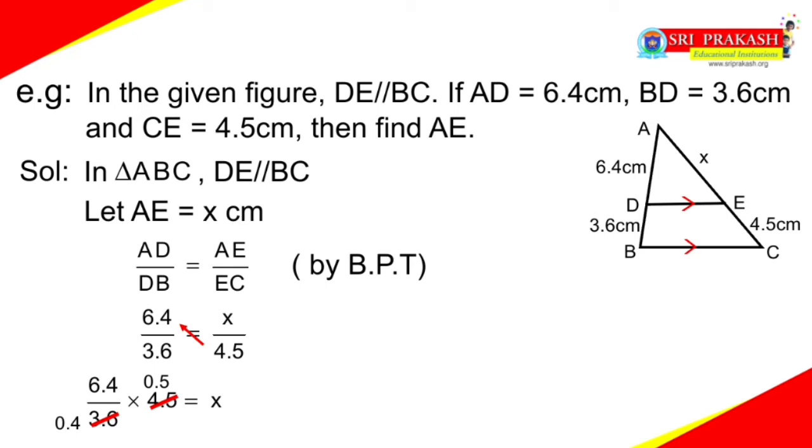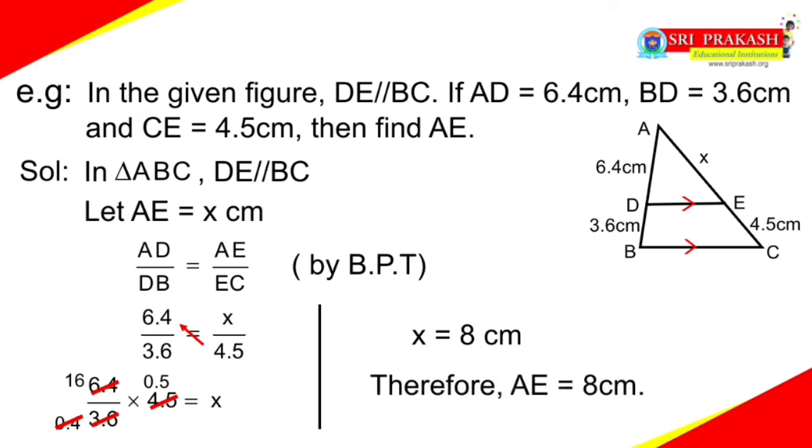Next, let us cancel 6.4 with 0.4, 16 times. Then we get x is equal to 16 into 0.5 which is equal to 8 centimeters. Therefore, the length of AE is equal to 8 centimeters.